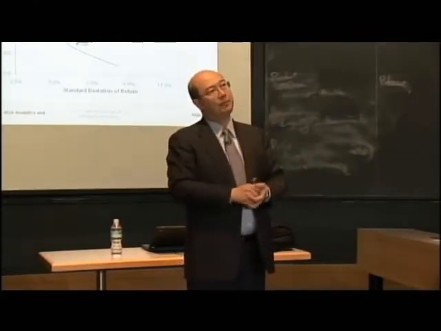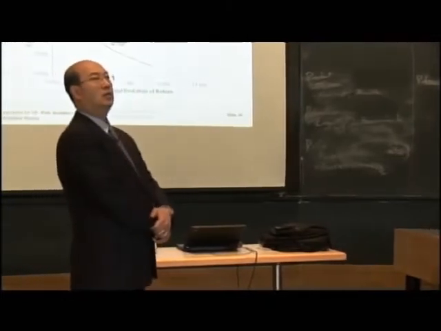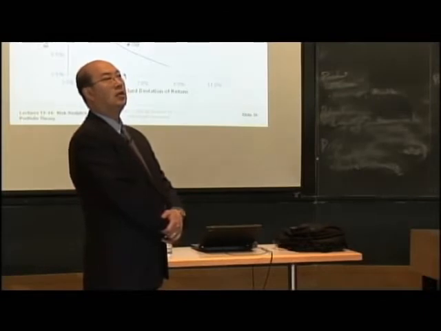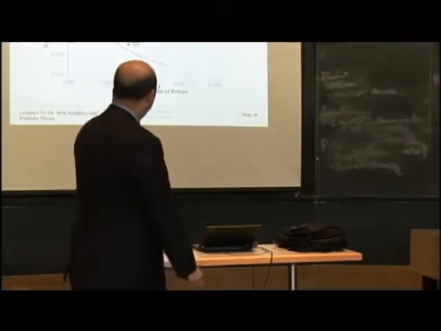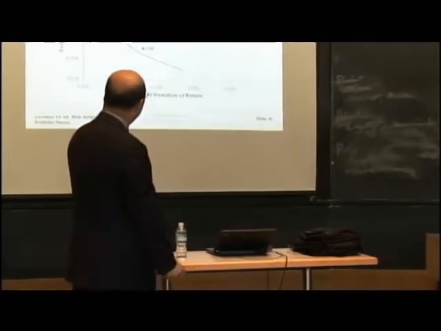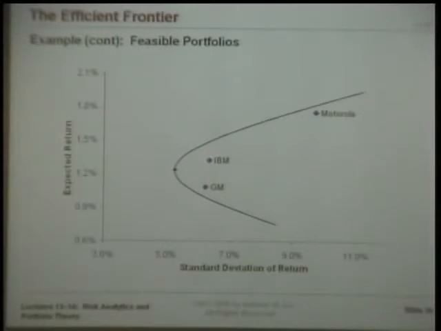Dennis? Just as we wouldn't put anything in the bottom half of this frontier, does this graph imply that we would strictly prefer IBM over GM, and that we would pretty much never weigh anything for GM? Well, from a risk-reward perspective, let's take a look, okay? IBM has a higher expected rate of return, and it's got a higher level of risk.